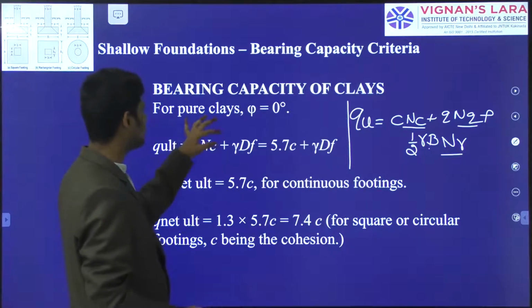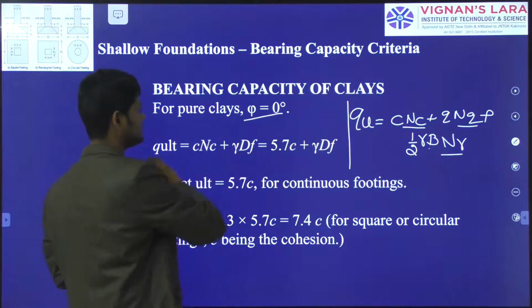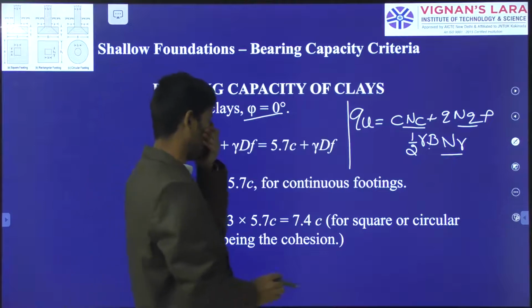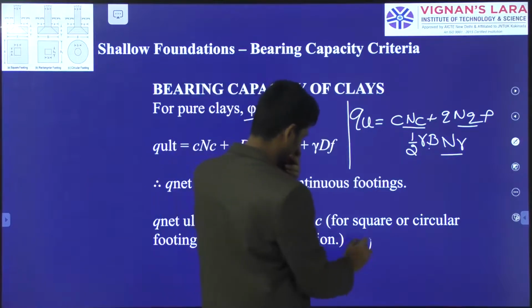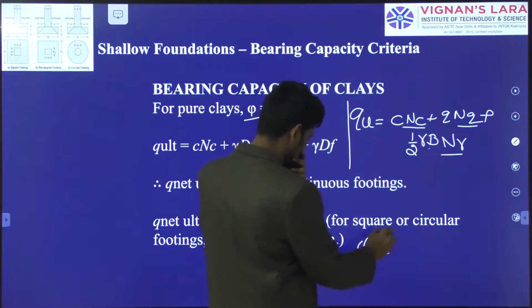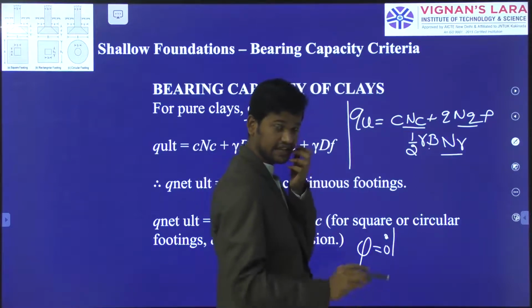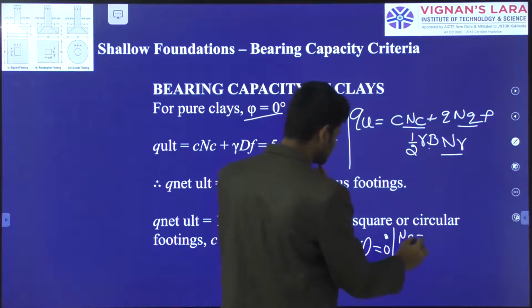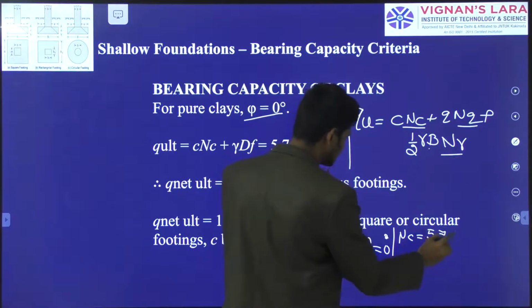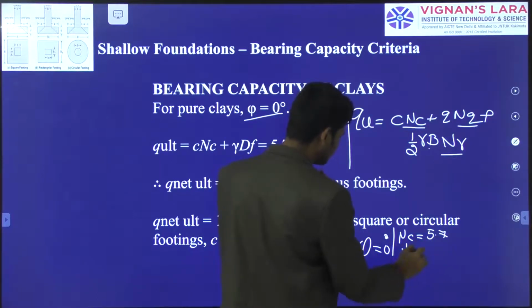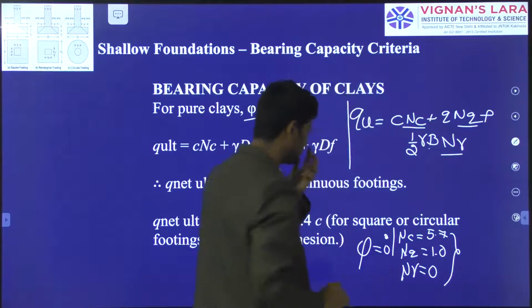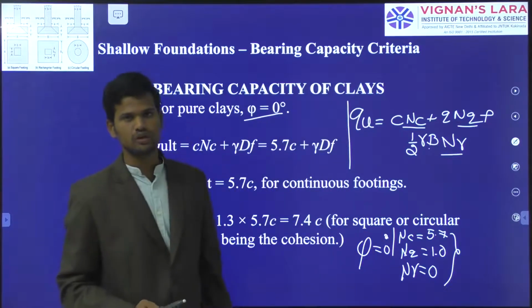For pure clayey soil, the angle of internal friction phi equals 0. When phi equals 0, Terzaghi's bearing capacity factors, which I have already explained, are Nc equal to 5.7, Nq equal to 1.0 and N gamma equal to 0.